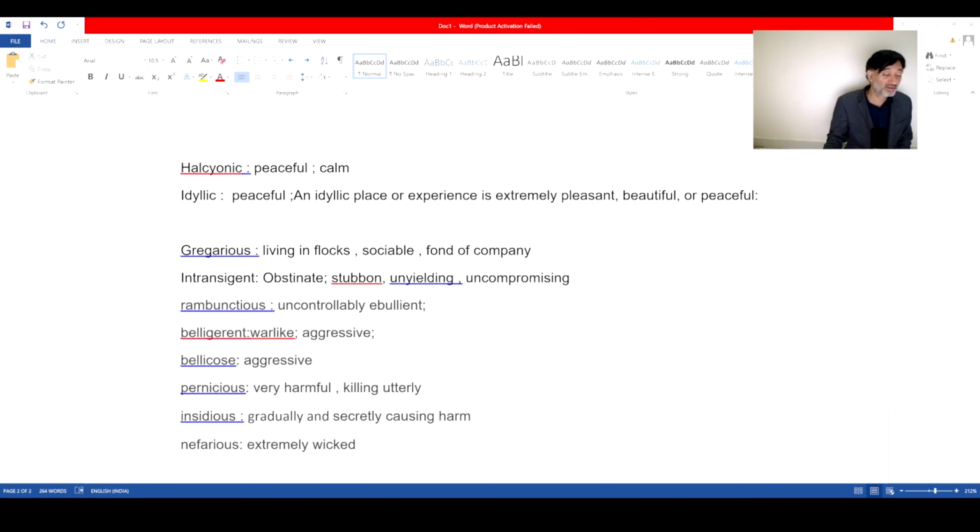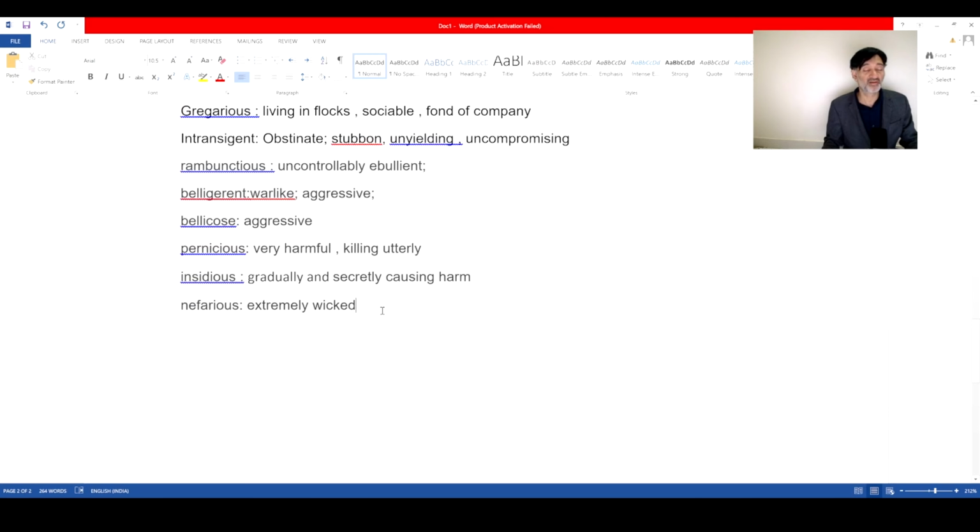So, if something is nefarious, it is criminal, evil, malicious, and wicked. So, nefarious would be extremely wicked. I hope you got it. It's a simple word. And if you've not heard these words, just note them down. They are simple words basically.